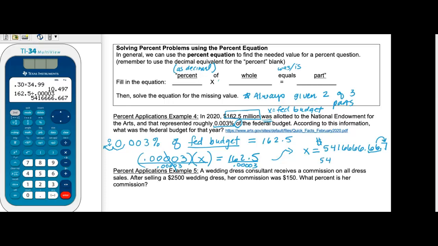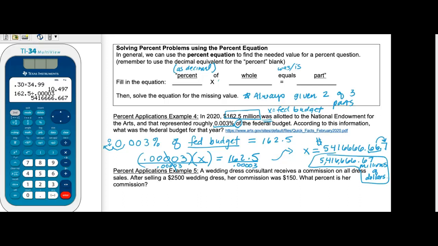So 5416666.67. So this would be in millions of dollars, which actually ends up being about 5.4 trillion when you have about 5.4 million of millions of dollars. So that is our answer for that one.